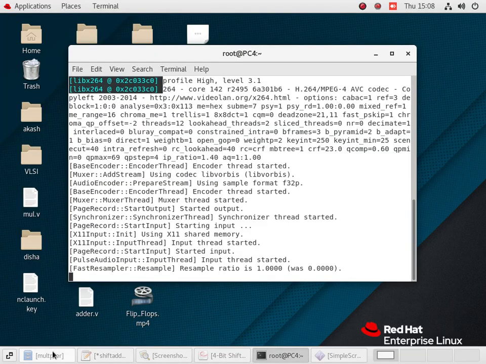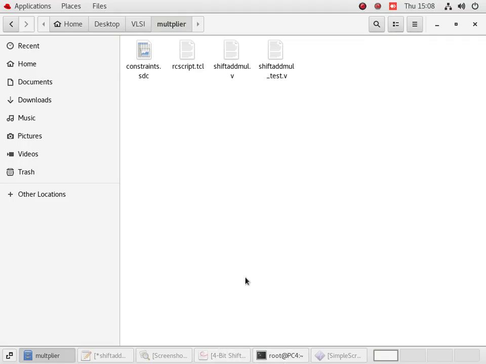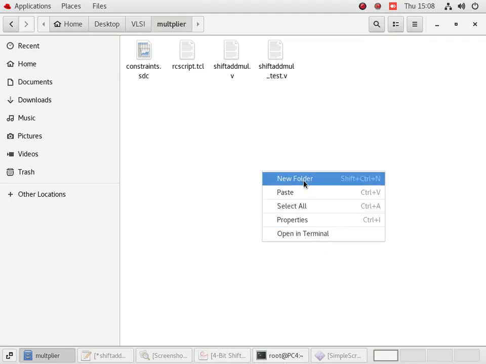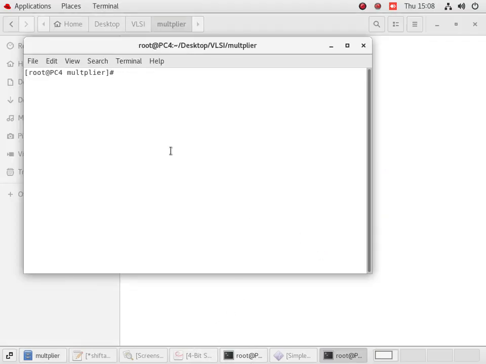We'll go to the multiplier here and open the terminal. We'll be using the NCSim simulator, which is going to check the functionality of this 4-bit multiplier.